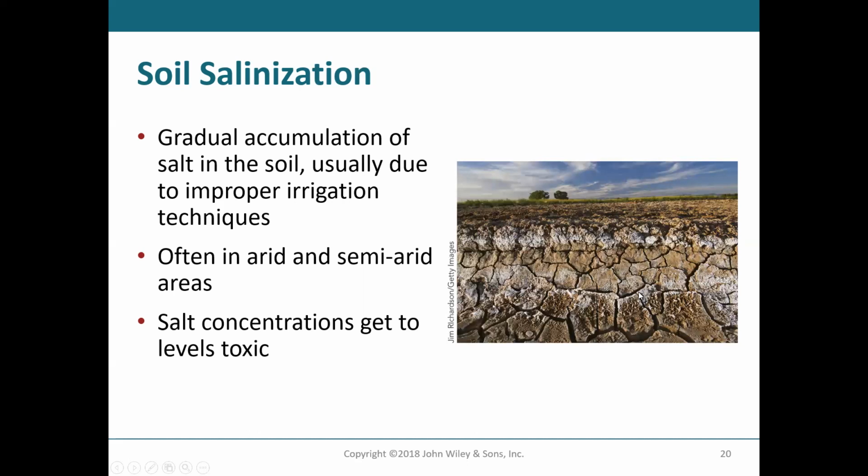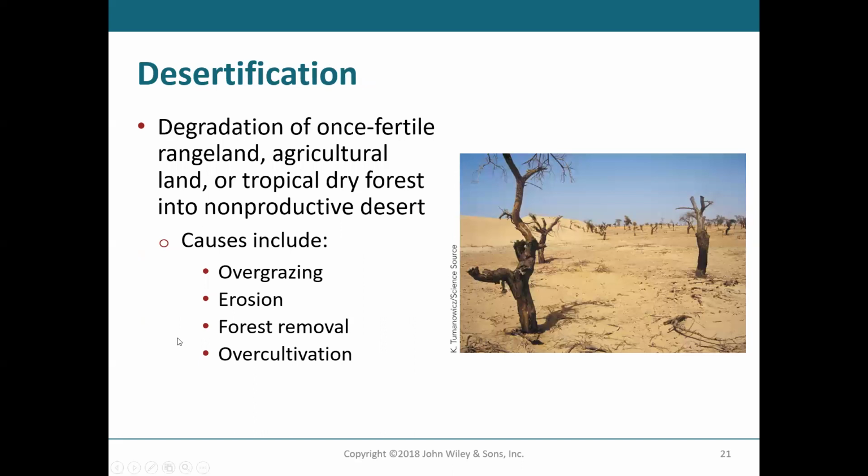Basically, in hot areas, evaporation happens quicker, the salt stays behind, keeps leaching into the soil, and the salt concentrations can become high and toxic. Desertification. Asia and Africa have large land areas with extensive soil damage, and in both places, rapid population growth compounds this problem.